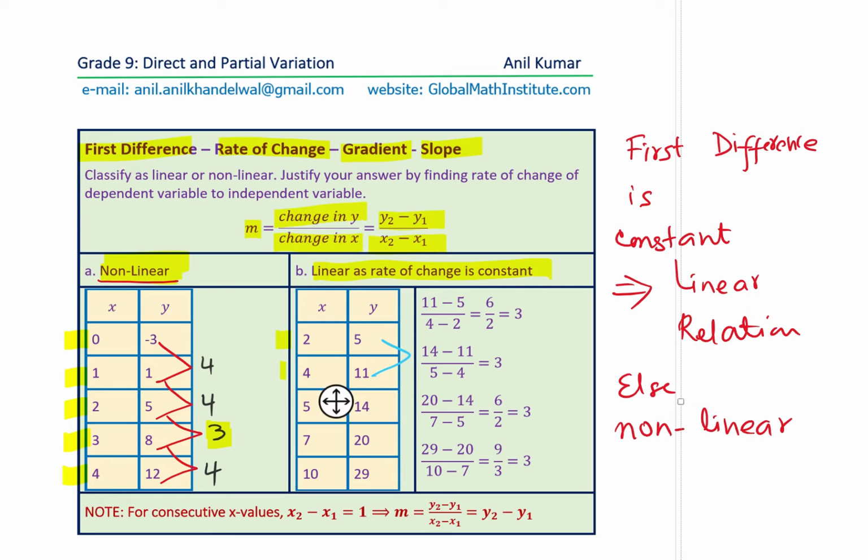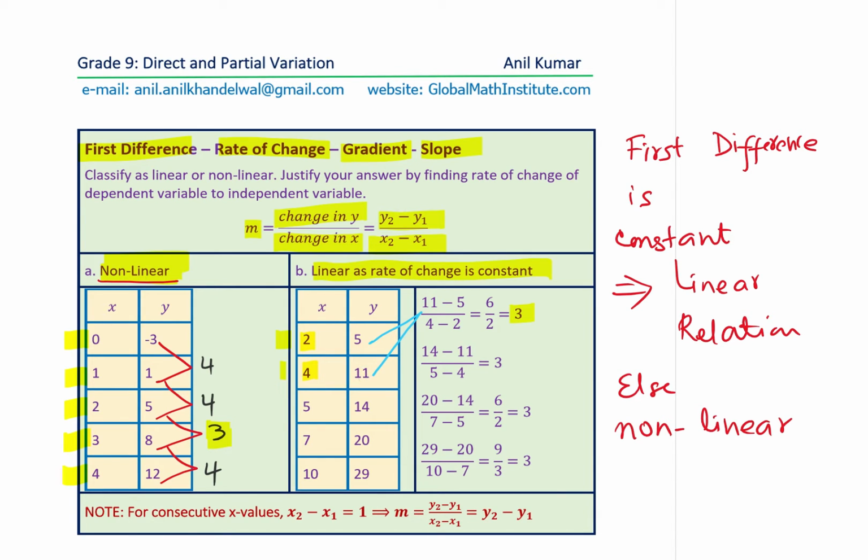So for the first one, y2 minus y1 divided by x2 minus x1 gives you the rate of change. 11 minus 5 divided by 4 minus 2, which is 6 over 2, gives us 3. So we get the rate of change as 3 between the first 2 points, which are 2, 5 and 4, 11.